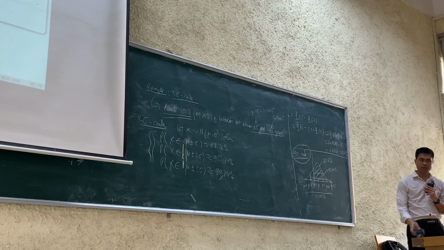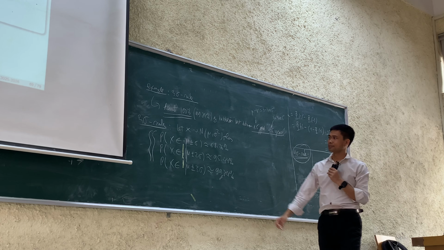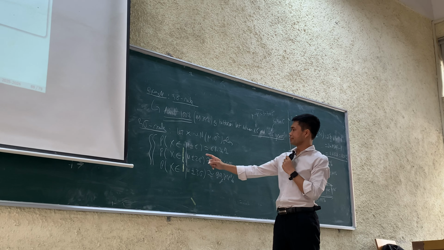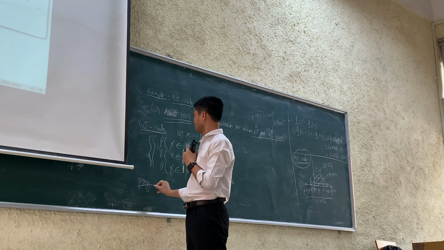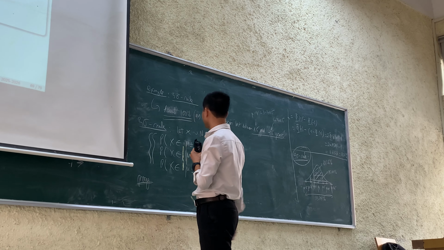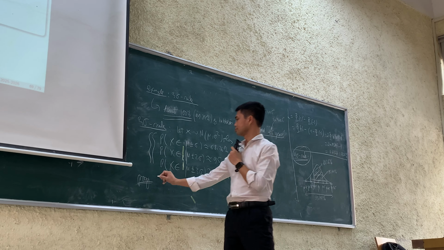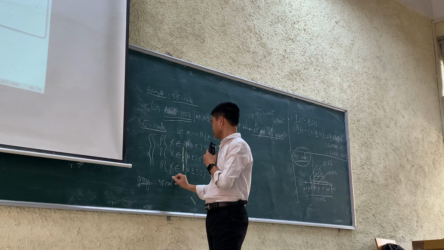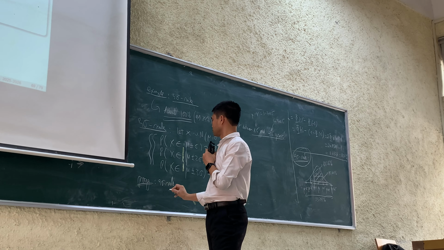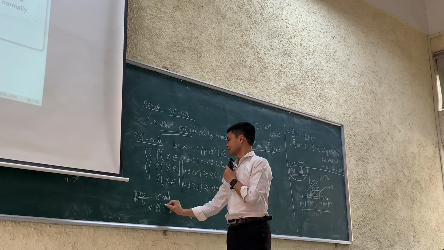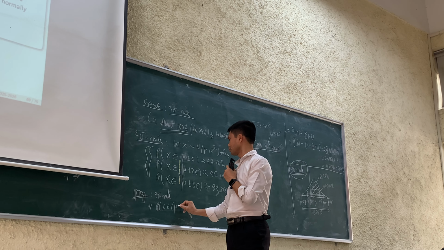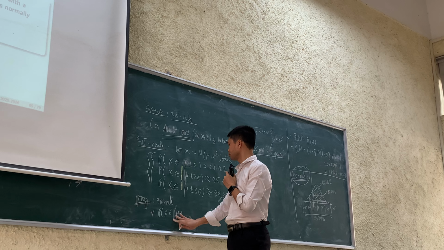We can prove, for example, the 3 sigma rule. The first property: what is P(X between mu plus or minus sigma)?